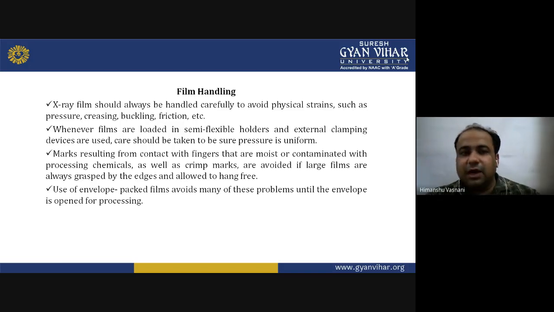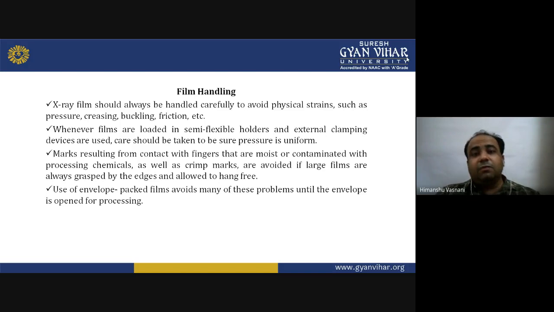Whenever films are loaded in semi-flexible holders or external clamping devices are used, care should be taken to be sure the pressure is uniform. While clamping, the pressure should be uniform. We should be careful with that for handling the films.